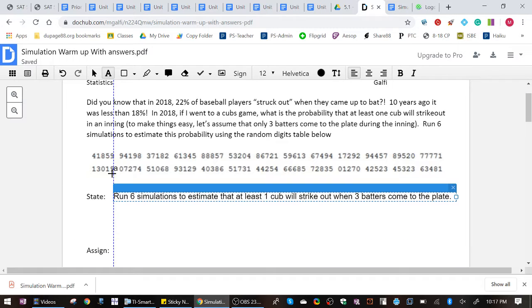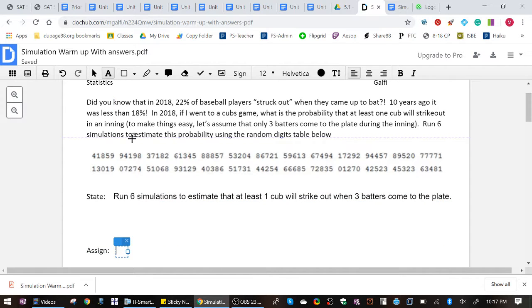Now in order to do this with a random digits table, I have to assign things. We are going off of the 2018 numbers. It says in 2018, 22% of baseball players struck out. So I need to assign 22% of numbers to represent striking out. I'm going to make a note to myself. We're going to use numbers 00 through 99, so that's 100 numbers.